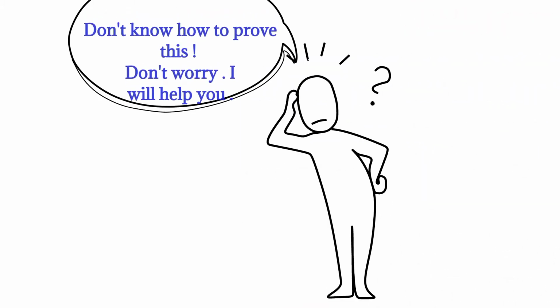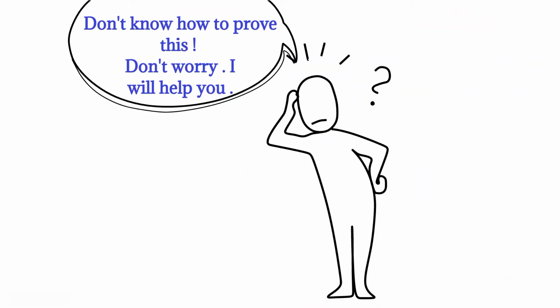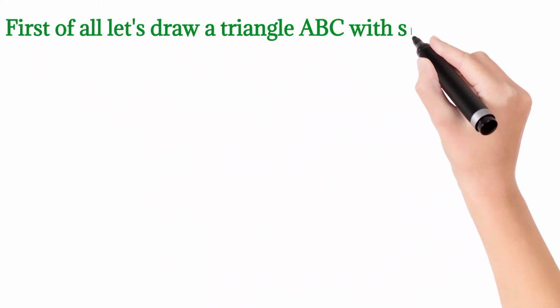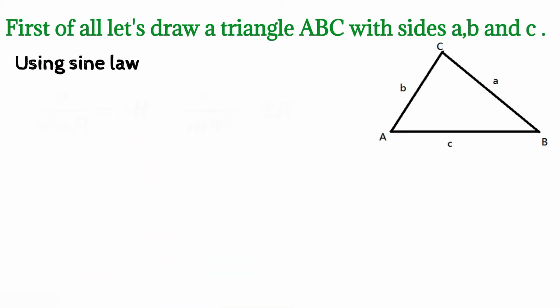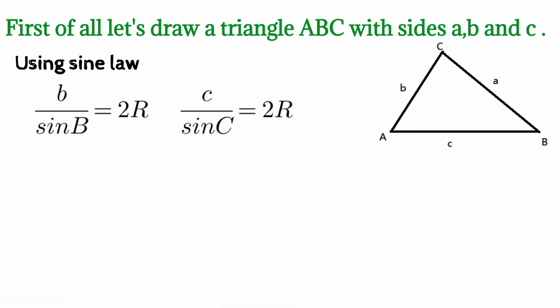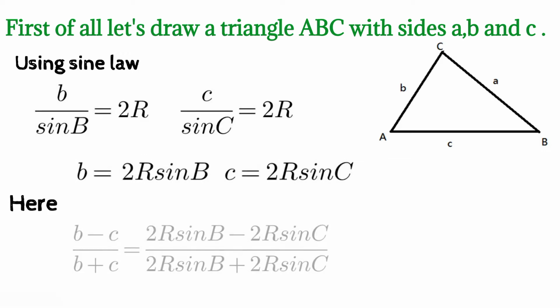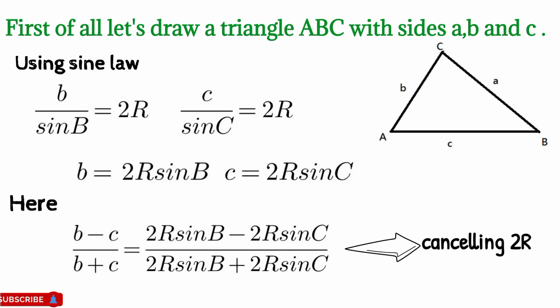Don't know how to prove this? I will help you. First of all, let's draw a triangle ABC with sides a, b and c. Here, using the sine law, then after cancelling 2R from all. Watch the steps carefully.